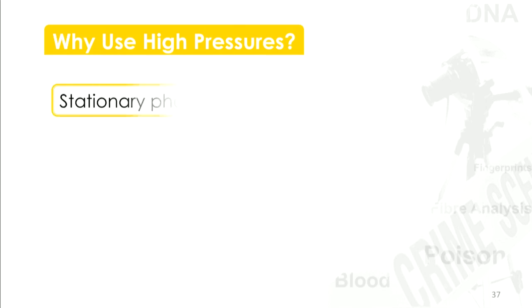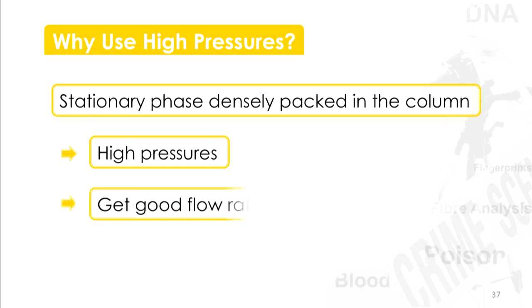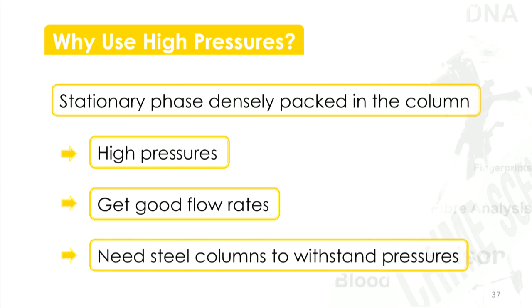Because the stationary phase is a very fine material densely packed inside the column. So to get the liquids to flow through the column at a useful rate, we have to apply a high pressure, and that is done with a pump. So we need the high pressure to get the good flow rates, and therefore we need the steel columns to have the strength to stand up to those pressures.